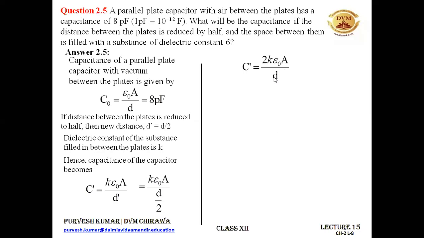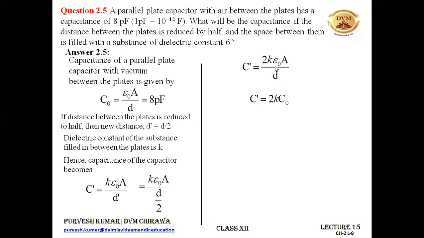And we know the value of this epsilon naught A by D, that is C naught. In place of this epsilon naught A by D, I can write C naught. So C dash is equal to 2K multiplied by C naught, where C naught is the capacitance when only vacuum was there in between the plates.